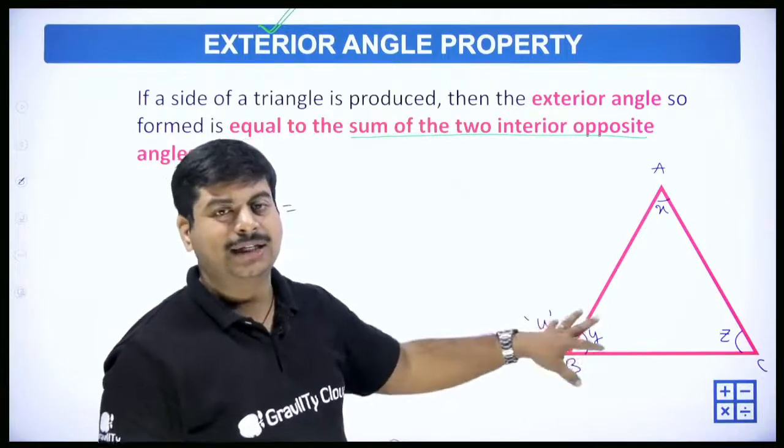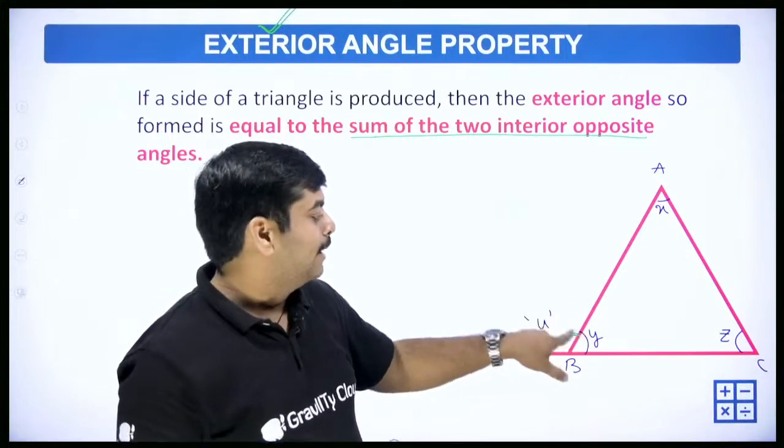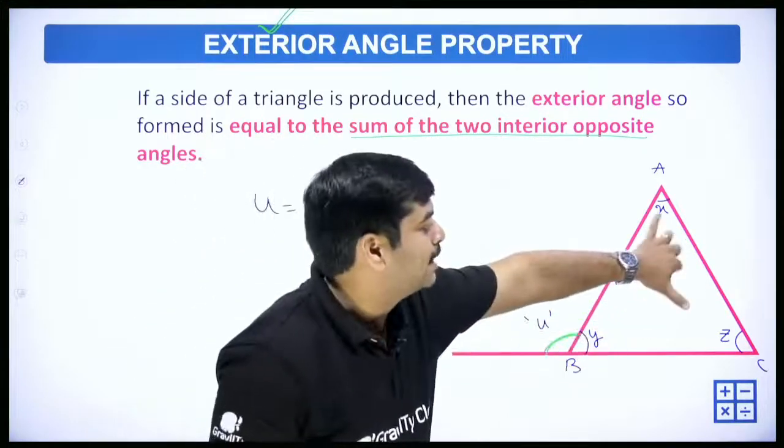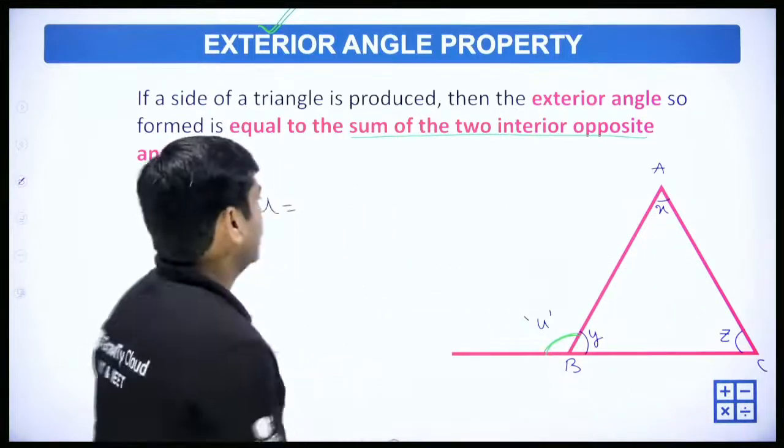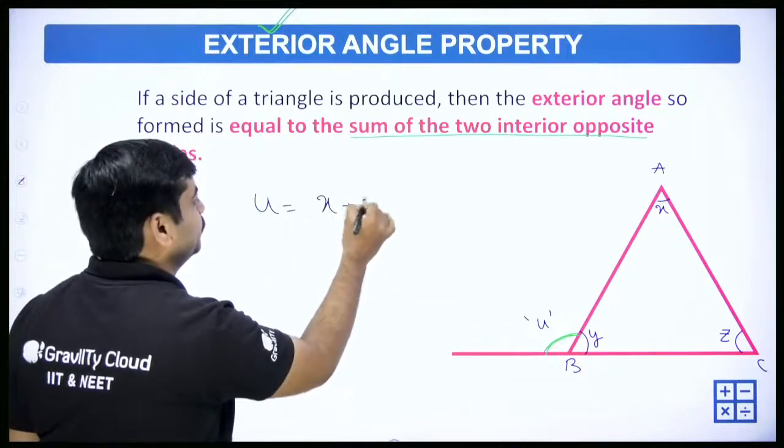They're side by side, adjacent. But U is equal to the sum of X and Z, X plus Z.